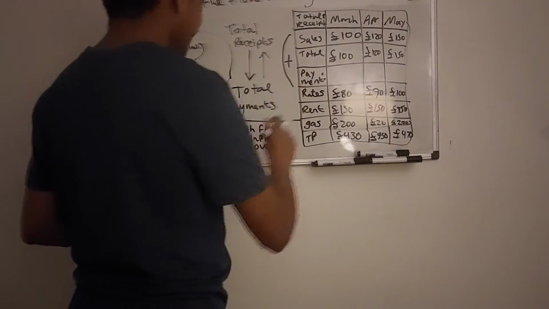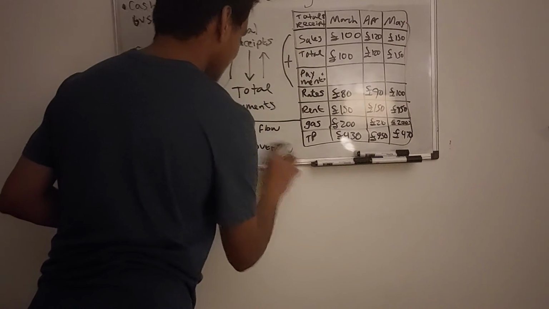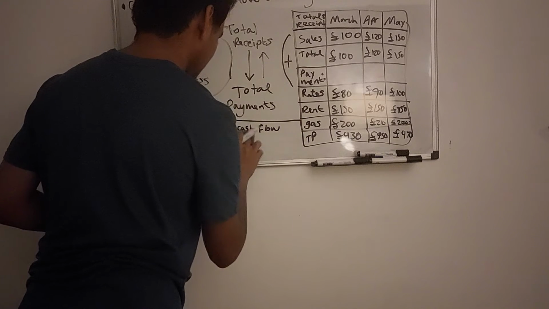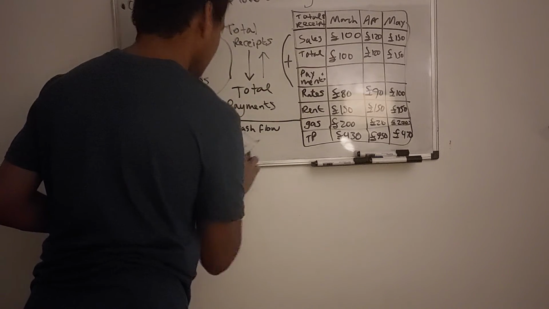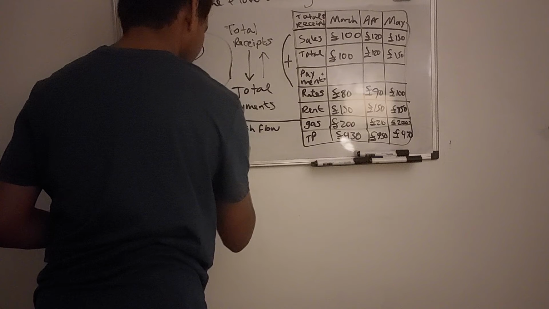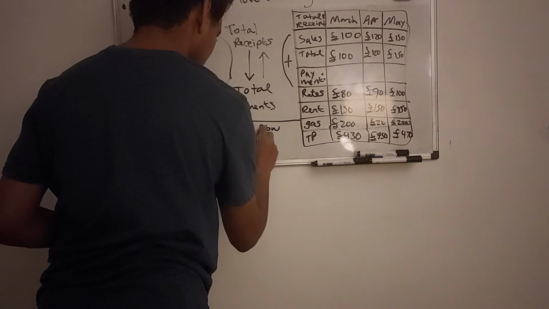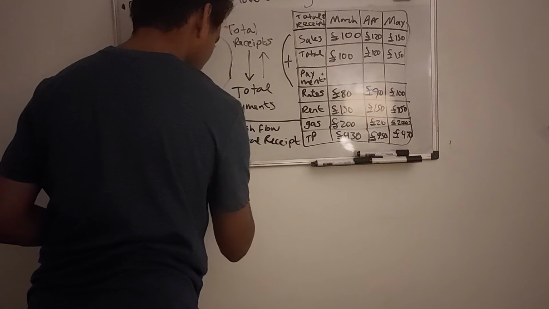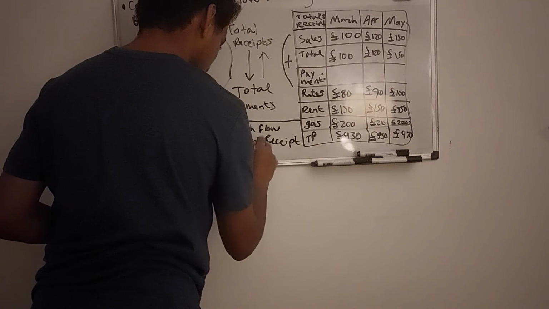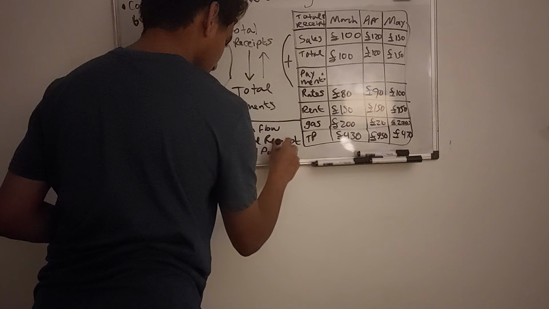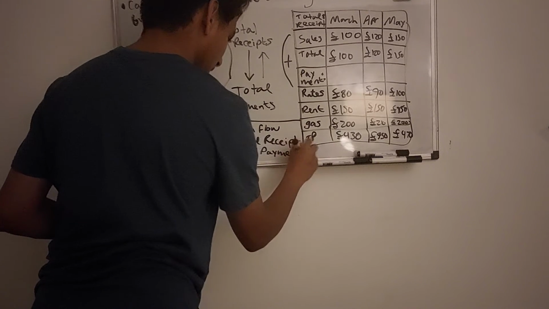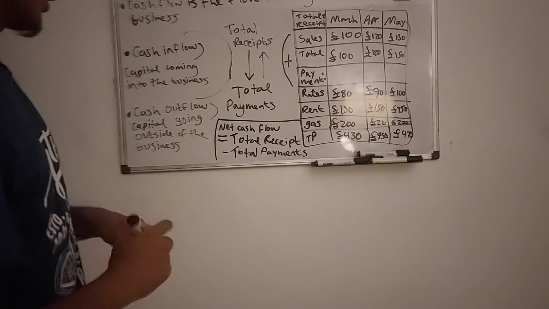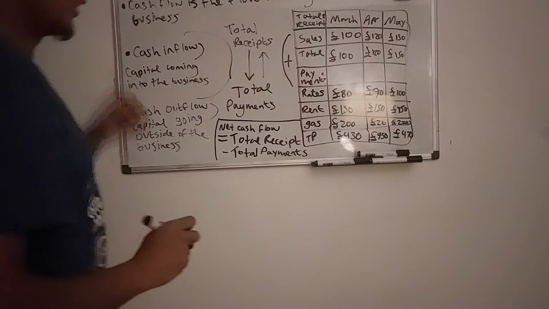So your formula, instead of cash inflow take away cash outflow, which is still the correct thing, will be total receipts take away total payments. That is another formula, and that's the correct formula.